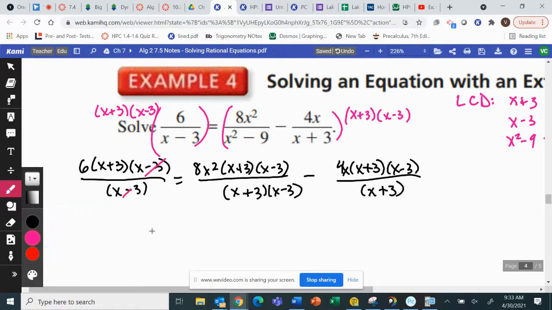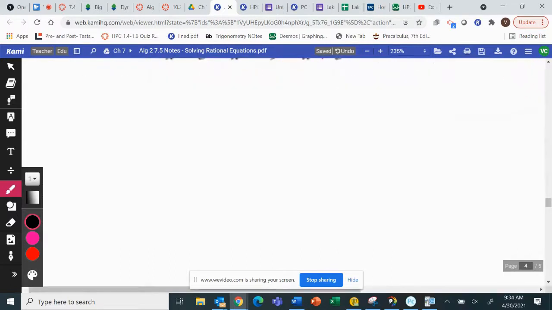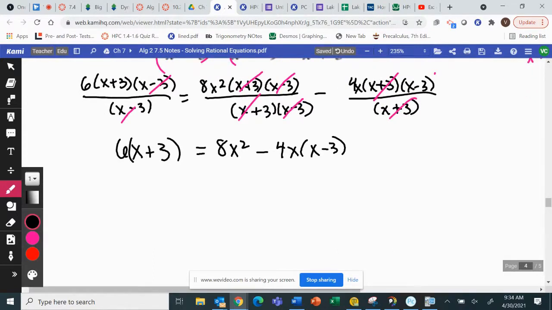That should cancel out every single denominator. So now I have left 6 times x plus 3 equals 8x squared minus 4x times x minus 3. That middle step was a lot of writing, but you see what happens after I multiply all those parentheses. I don't have any fractions, and now it's something we can solve easily.